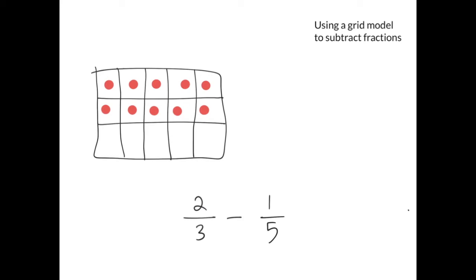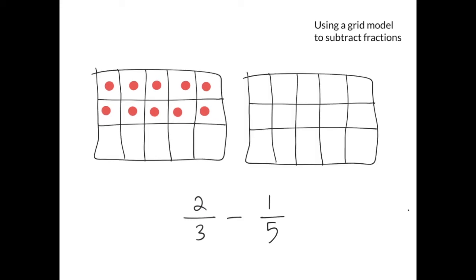If we created another grid, again, with the same 15 empty squares, we can now place 1/5 of them into the columns. As we take a look, we have 2 rows here, and we've got 1 column, which is 1/5 here.